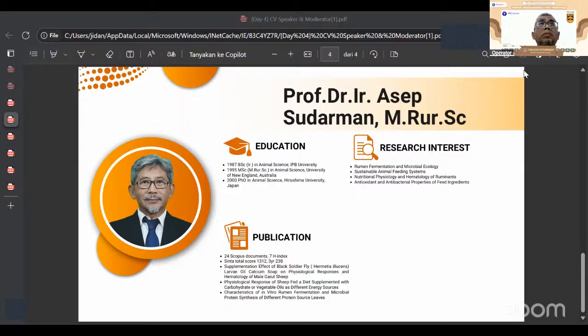Before we begin, let us now begin with our second speaker, Professor Dr. Insinyur Asep Sudarman, Master of Rural Science, a professor at the Faculty of Animal Science, IPB University Indonesia. Professor Asep completed his bachelor degree at IPB, a master in sheep nutrition from the University of New England, Australia, and a PhD from Hiroshima University, Japan.